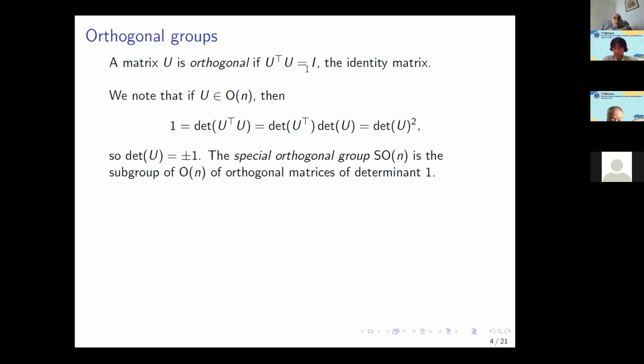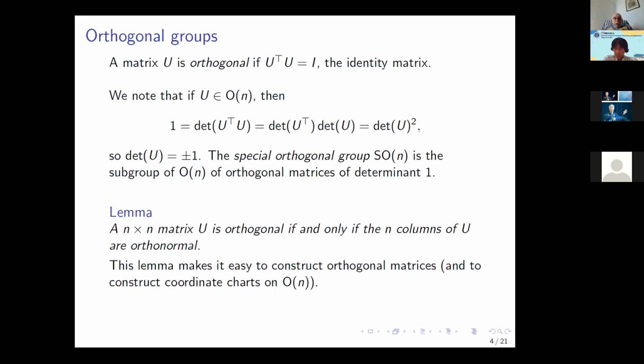The determinant of the identity is 1, so that's equal to the determinant of U transpose times U, which, because the determinant of a product is the product of the determinants, is determinant of U transpose times determinant of U, and that's equal to the determinant of U squared. So the determinant of U is plus or minus 1. And often we talk just about the special orthogonal group, which is the subgroup of matrices with determinant 1.